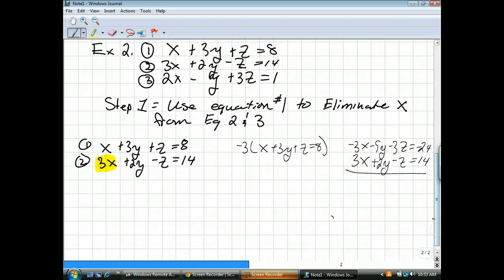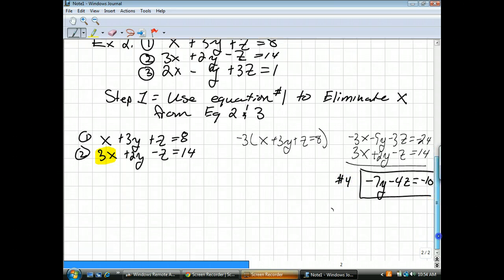Notice that the x's add up to 0. Then negative 9y and positive 2y is negative 7y, and negative 3z and negative z is negative 4z, and negative 24 and positive 14 equals negative 10. So this now is equation 4.